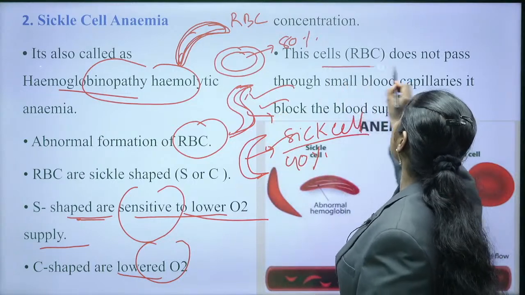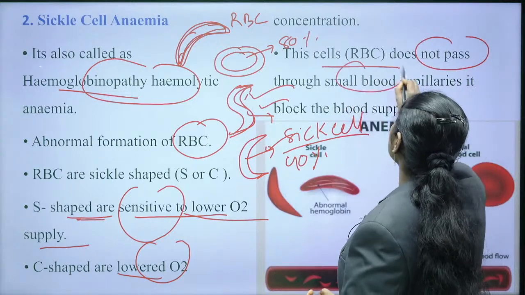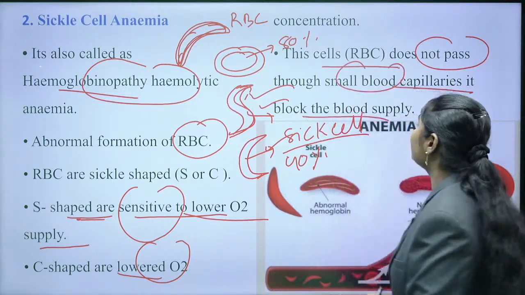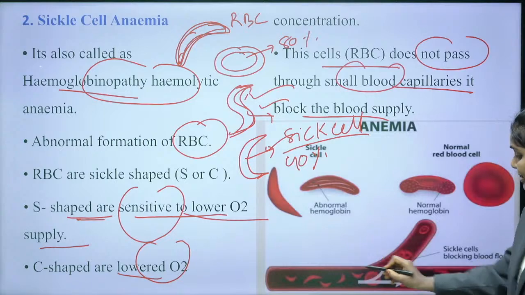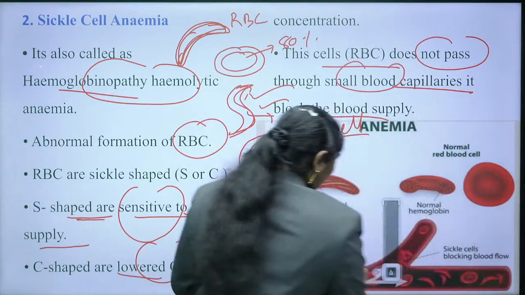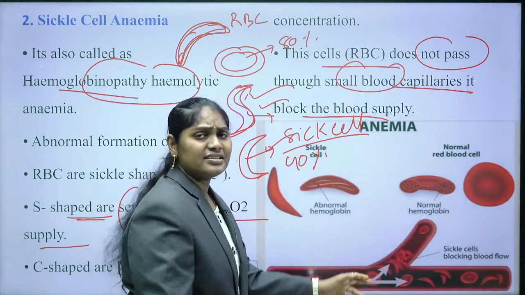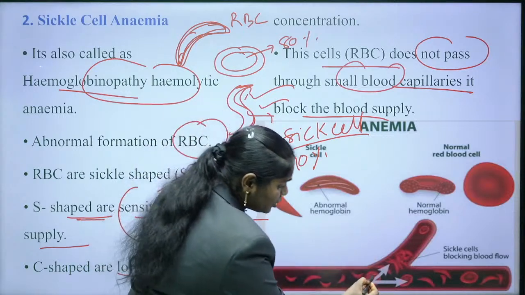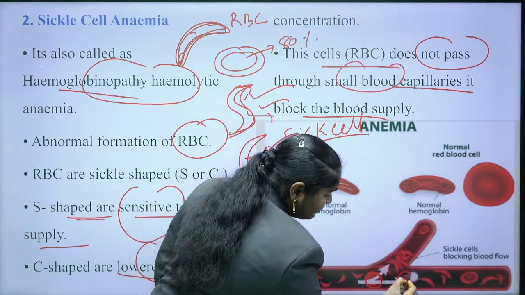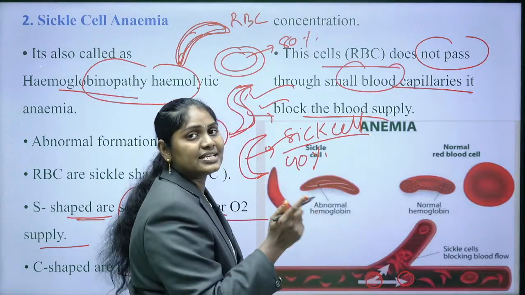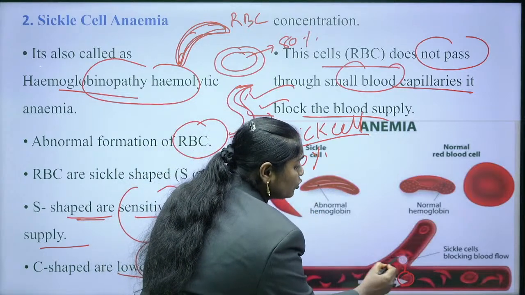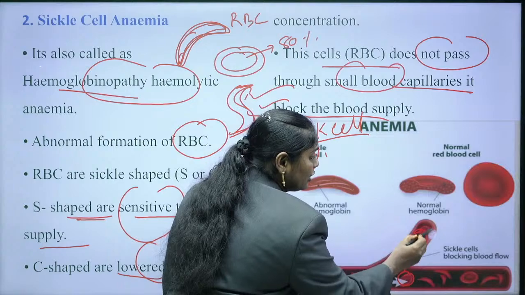These cells do not pass through small blood capillaries and block the blood supply. If you see, this is a small blood vessel, and these are the normal blood cells. But the sickle cells will try to accumulate at a particular point.